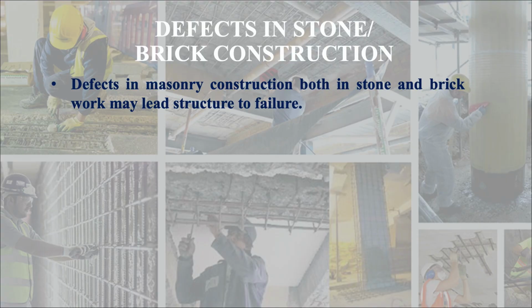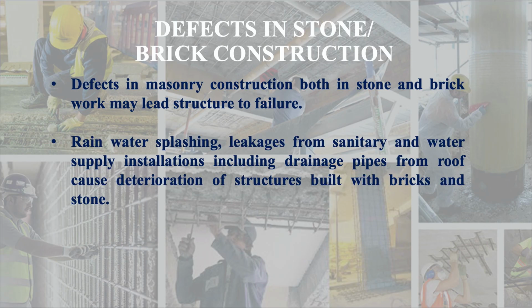Now let us see the defects in stone and brick construction. Defects in masonry construction, both in stone and brick work, may lead to structural failure. Rainwater splashing, and leakages from sanitary and water supply installations, including drainage pipes from the roof, cause deterioration of structures built with brick and stone.